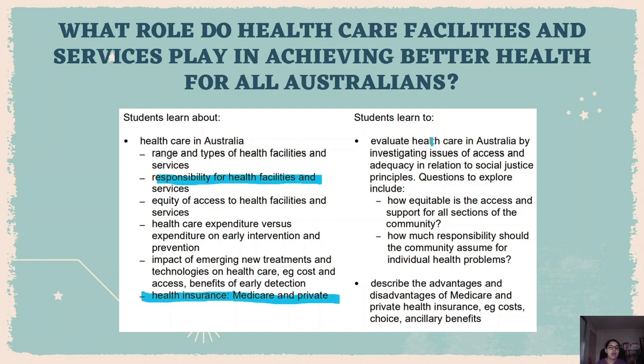And you have to evaluate how healthcare in Australia is by investigating issues of access and adequacy in relation to social justice principles. So within that response, you would be talking about the social justice principles, because that is how the syllabus wanted you to approach that. So questions to explore include: how equitable is the access? How much responsibility should the community assume for individual health problems?